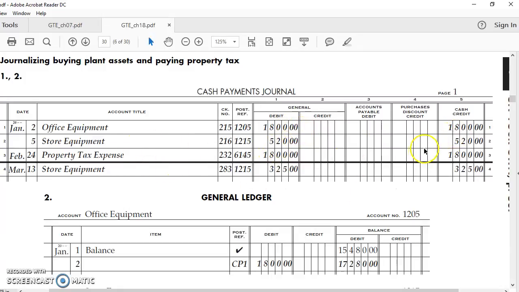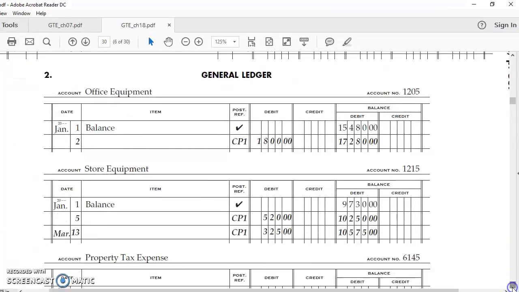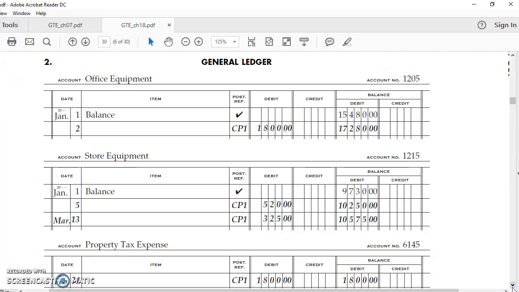Store equipment, general debit, cash credit for the next one. The property tax expense is $1,800, general debit, cash credit, and the store equipment at the bottom is $325 and $325.